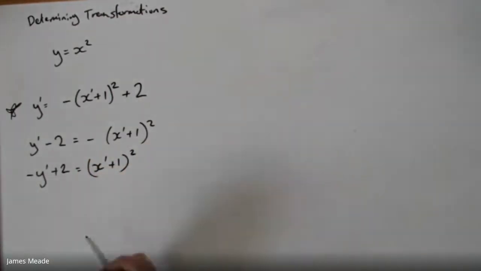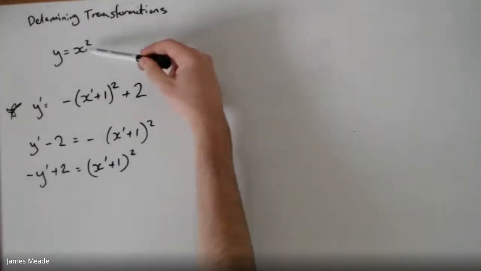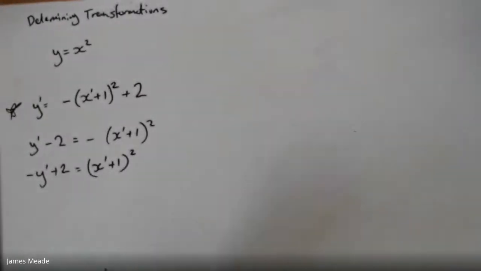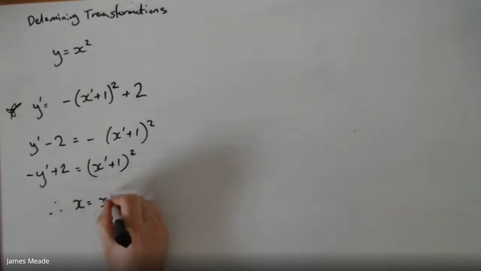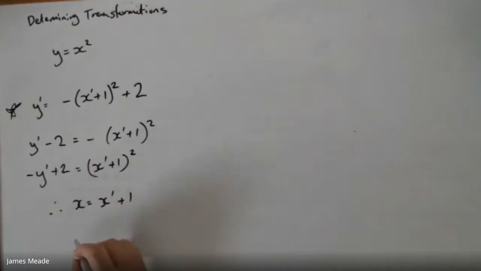By doing that, we can now say that this original equation x is now equal to the image plus 1. So therefore, x equals x dash plus 1 and y equals negative y dash plus 2.